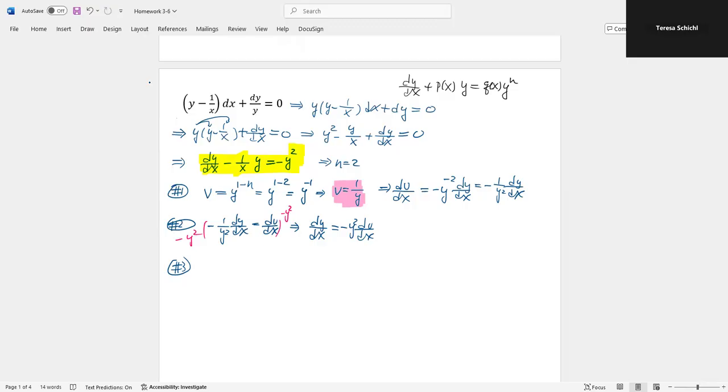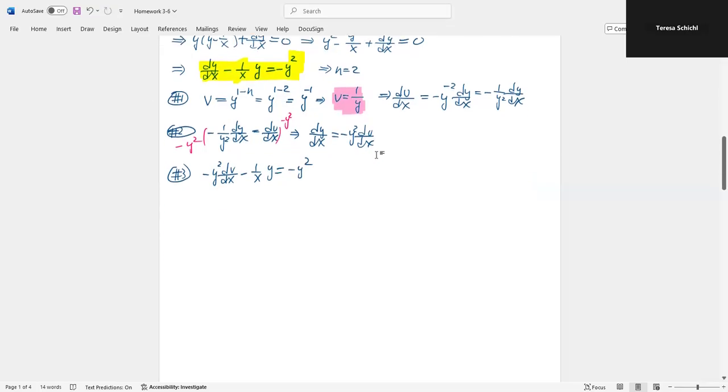So dy/dx is negative y squared dv/dx, minus 1 over x times y, equal to negative y squared. The next step is to single out dv/dx.